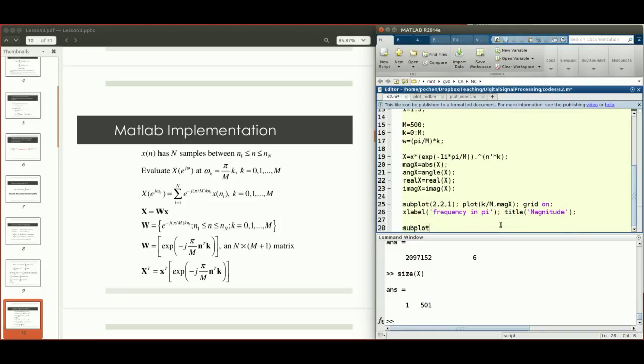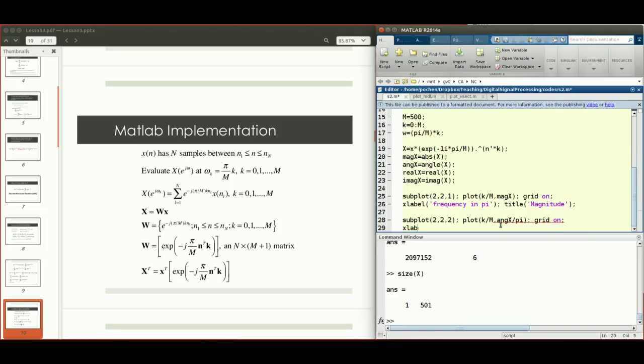And then let's do subplot 2,2, and plot k divided by M, but this time it's going to be the angle of x divided by pi. The xlabel is frequency in pi, and the title should be the phase angle.